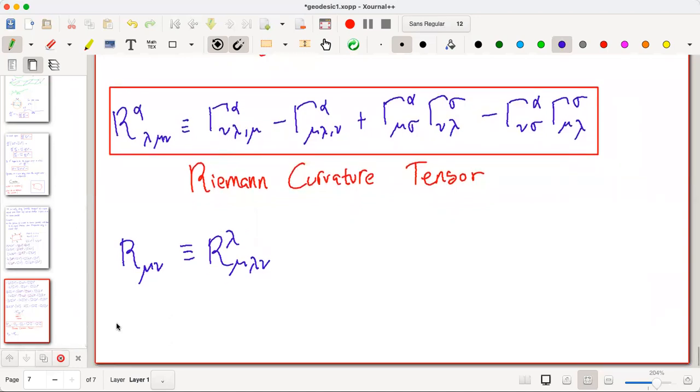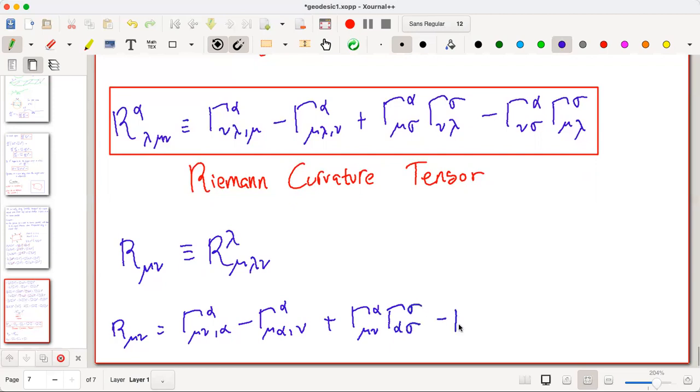Now R mu nu, if you work it out, can be given by this: R mu nu equals gamma alpha mu nu comma alpha, minus gamma alpha mu alpha comma nu, plus gamma mu nu alpha gamma sigma alpha sigma, minus gamma alpha mu sigma gamma sigma alpha nu.